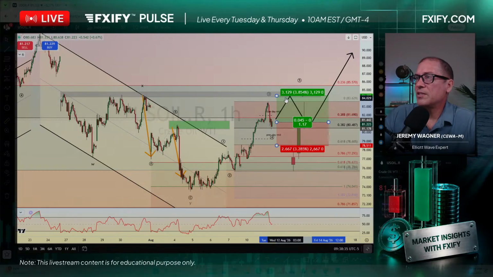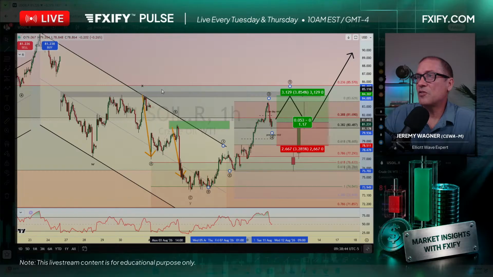I would look at this as something that may get our wave 5 up here into this gray box. And if it gets rejected, that's okay. If it starts blowing through that gray box, wave 5 could extend even higher up here. But on the more conservative end, I think this gray box may reject prices.